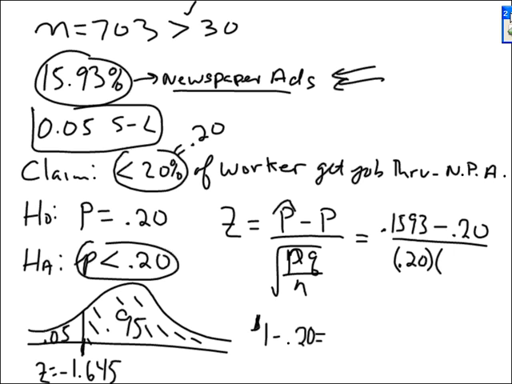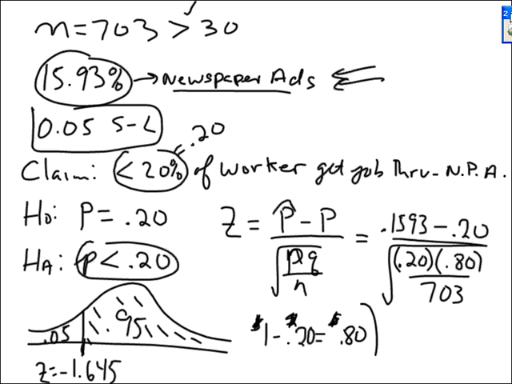One dollar minus 20 cents, you all know, is 80 cents. Well, then ignore the units. The answer is 0.80. And this gets divided by n, which is 703. If you were to do this arithmetic, you would calculate that Z is negative 2.70.